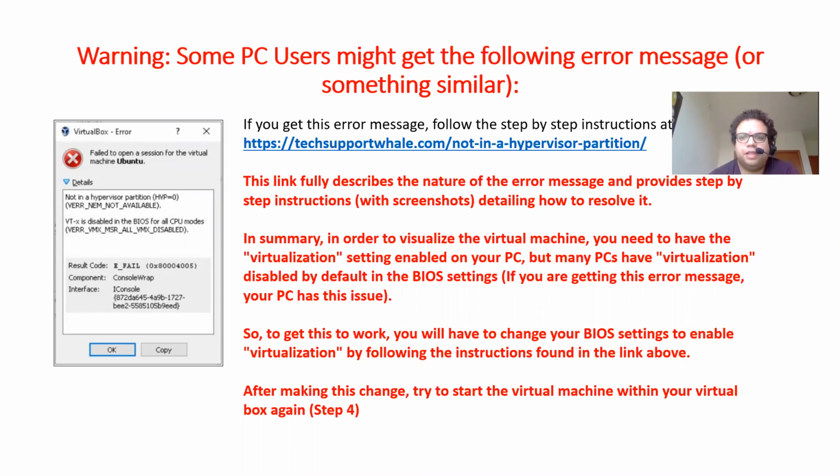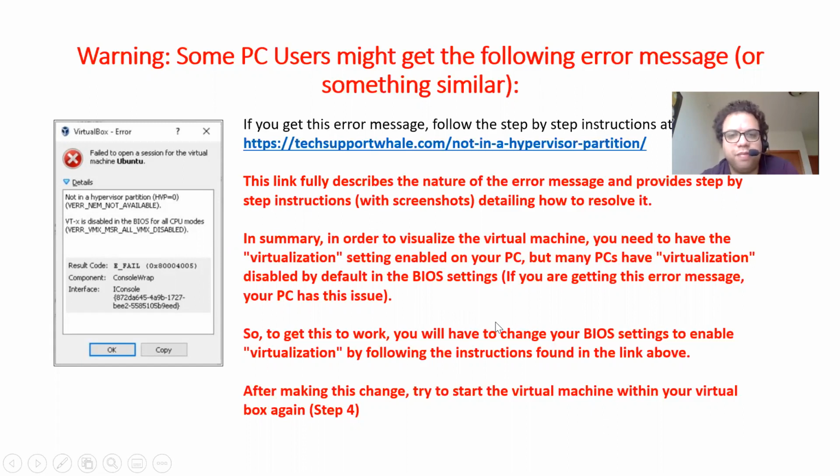And basically what's going on here is if you get this error message, it means that your PC has this setting called virtualization disabled by default within your BIOS settings, okay? And so you actually have to change that setting within your BIOS settings. If you don't know how to do that, I've provided a link here at the top that gives you step-by-step instructions with screenshots on how to do that.